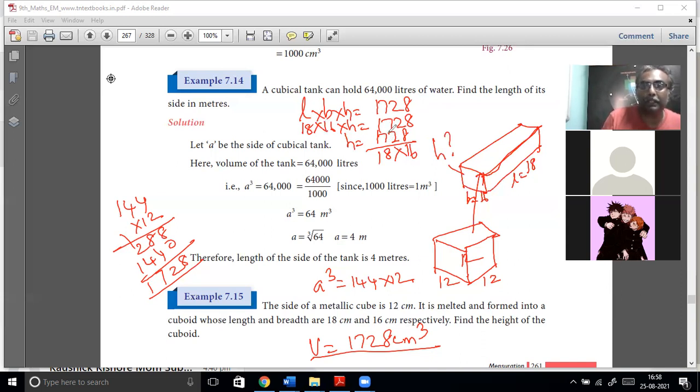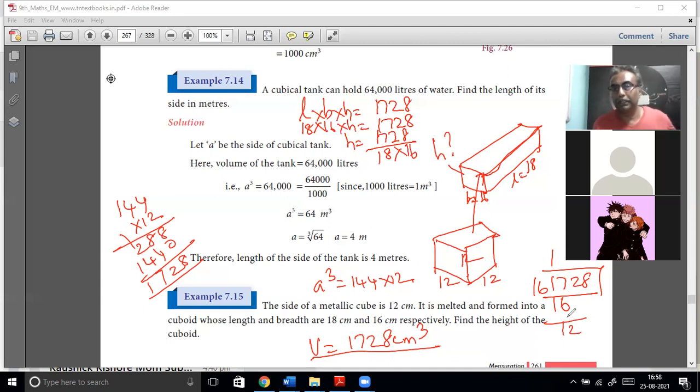Let us first divide by 16. 1728 divided by 16. It goes once in 17, remaining 1. 12 doesn't go any times. In 128, how many times does 16 go? 16 into 8, 8 times it goes.